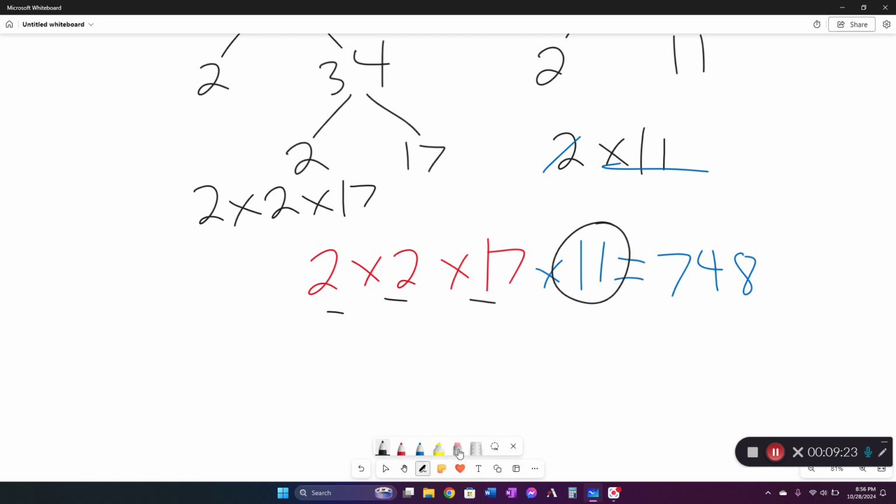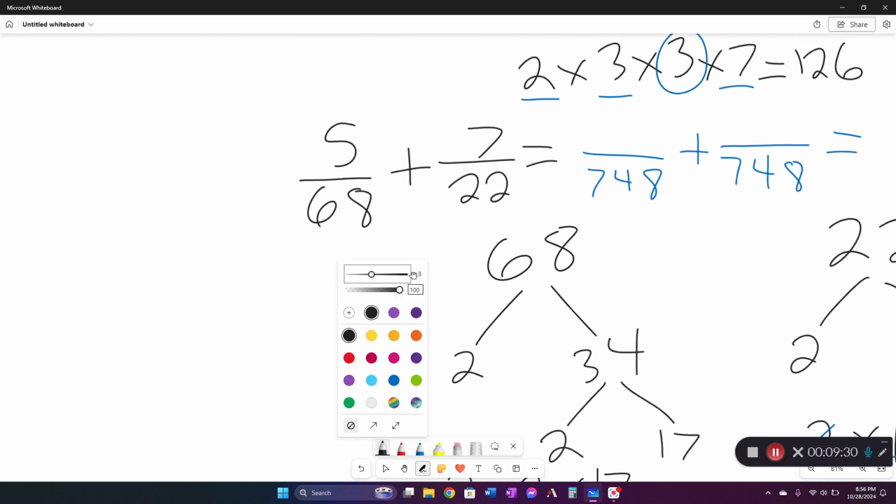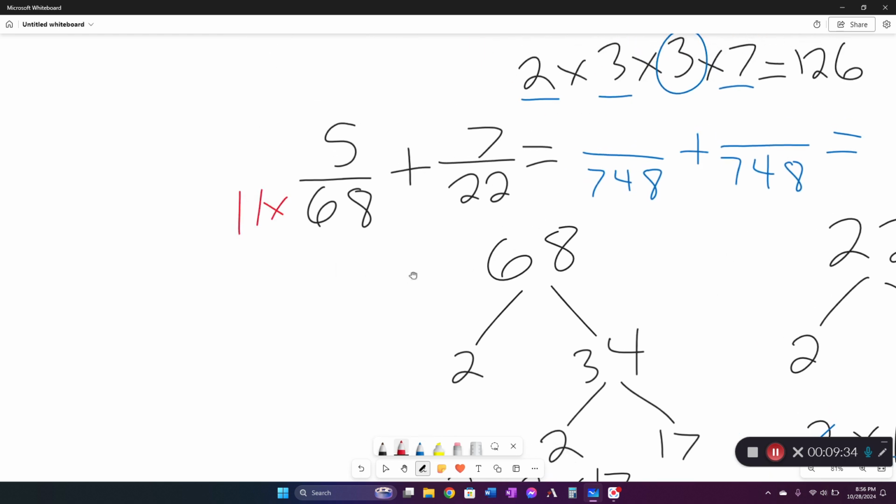It doesn't have an 11. So we had to multiply 68 by 11 to get 748. So whatever we do to the bottom, we do to the top. So we're going to multiply 5 times 11, which is 55.